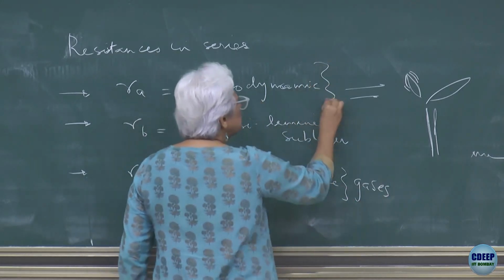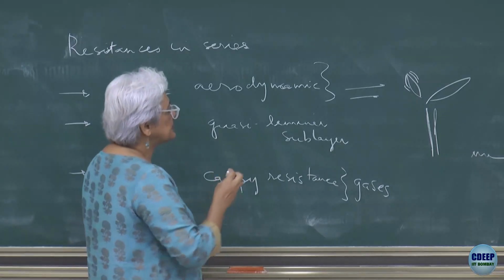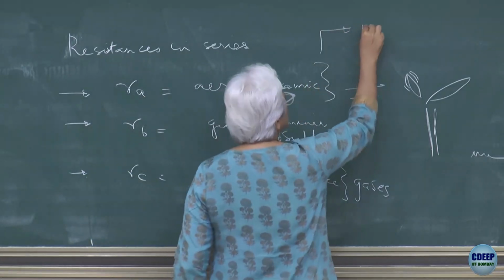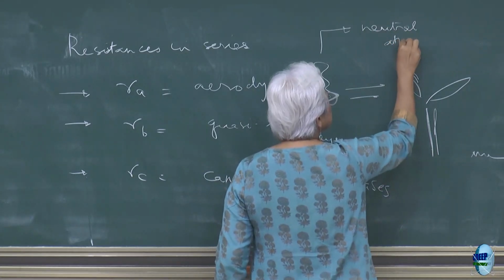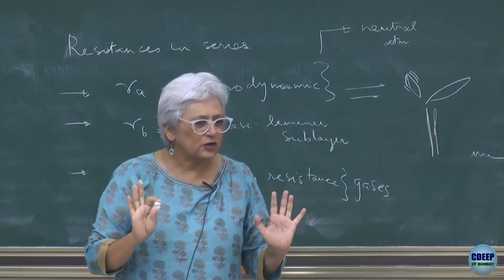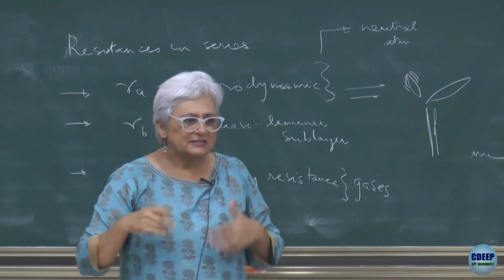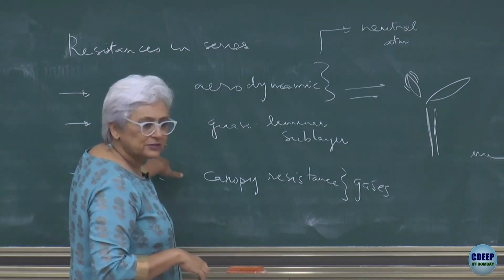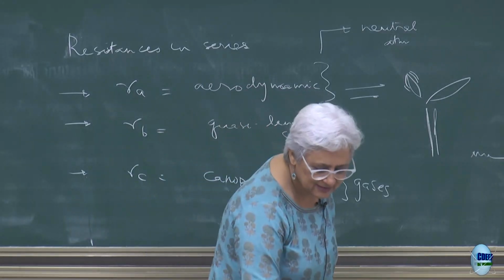This aerodynamic resistance, in its simplest form for what is called a neutral atmosphere, takes the form of the logarithmic wall law that we're all used to. But really this course is more about what goes into this sublayer.